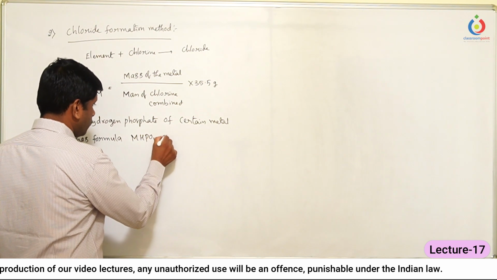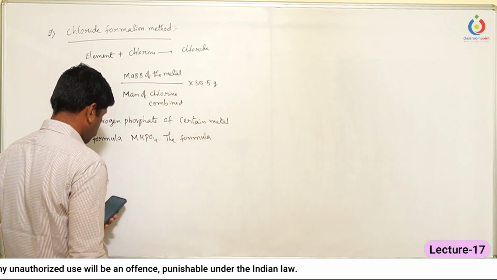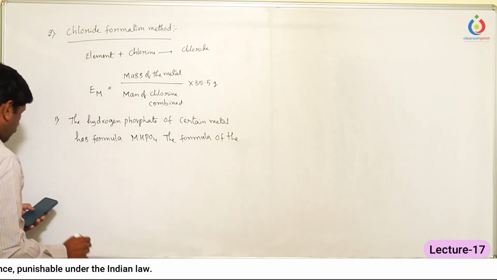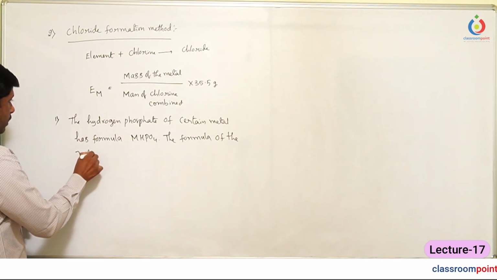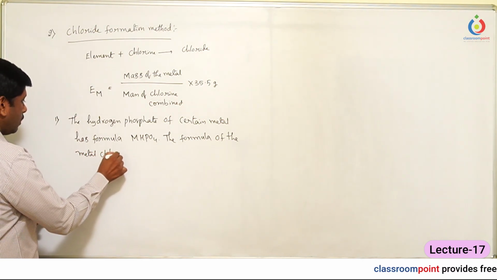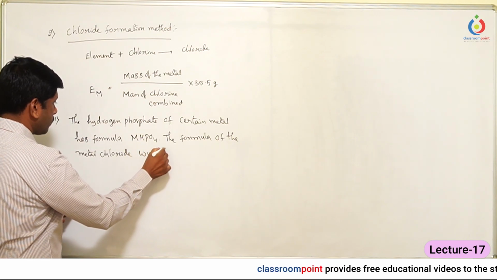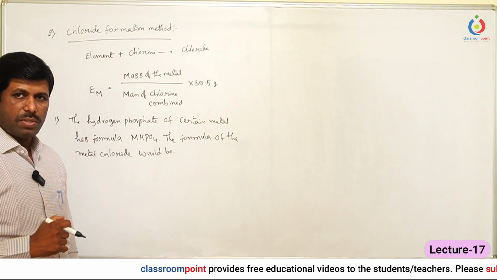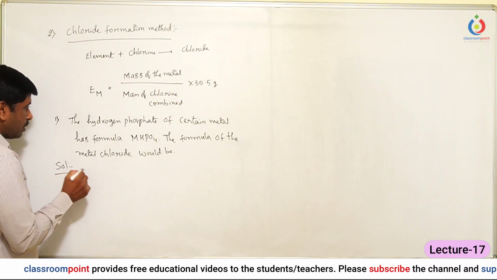The formula of the metal chloride would be, so in this case it is not necessary to use this formula, we can solve this question directly. So let us see how to solve this.